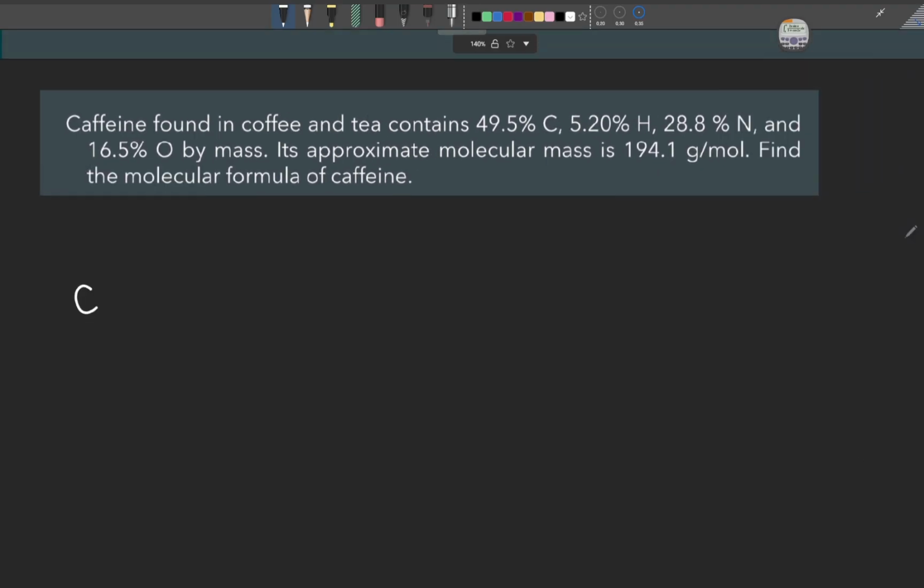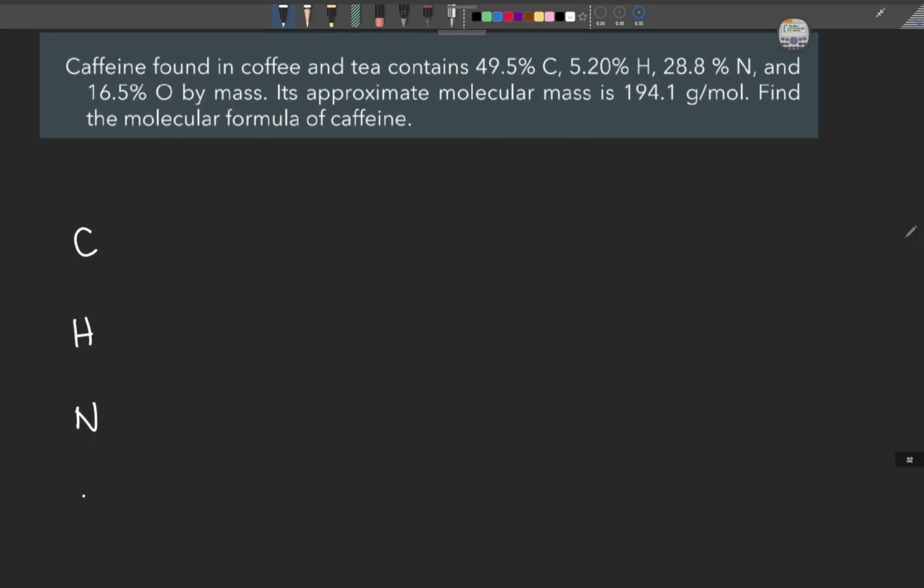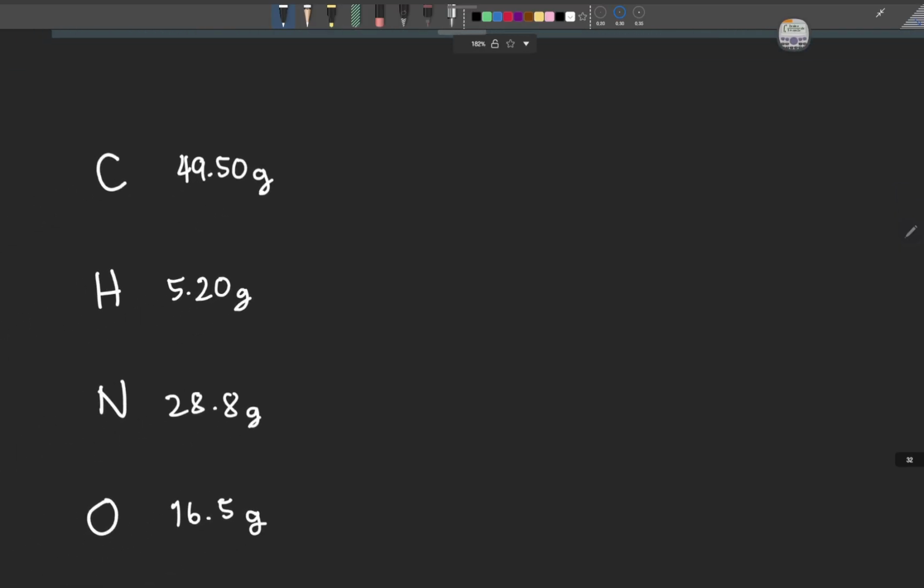So, you have C, H, N, and O. Okay, so the given will be 49.50 grams, 5.20 grams, 28.8 grams, and then 16.5 grams.